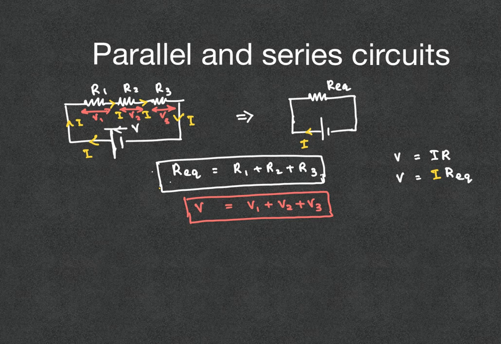R equivalent is given by this equation, and you can substitute it in there and find what I is, assuming that you know V and all the resistors in the circuit. So you can get I in this form. That is basically the series circuit.